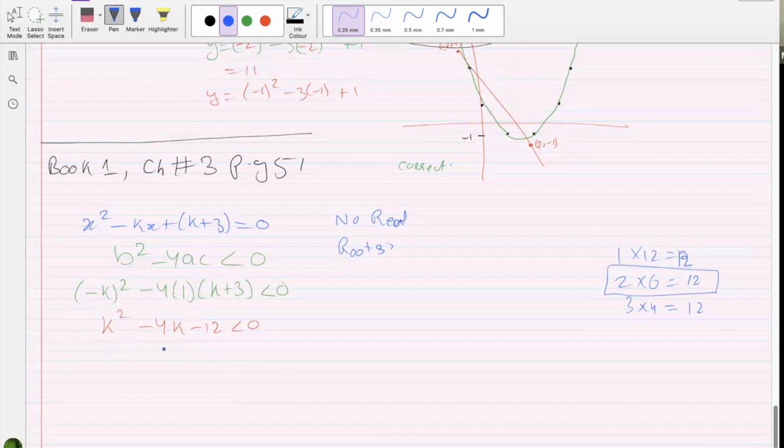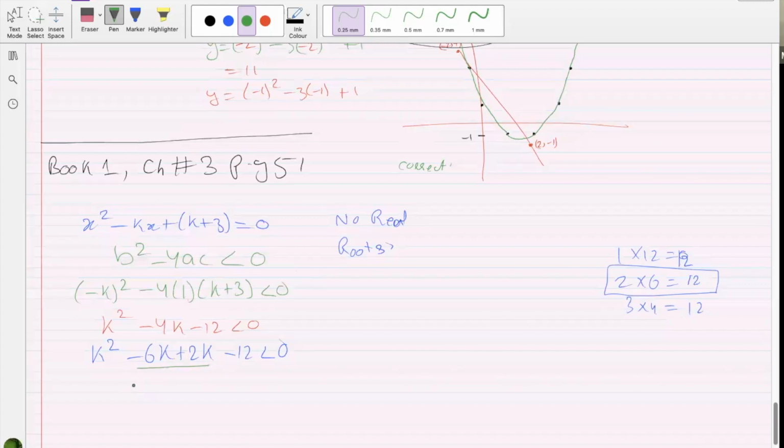Adding or subtracting 6, we can adjust it to 4. k squared minus 6k plus 2k minus 12 is less than 0. Multiplying these two, we get negative 12k squared. Adding these two, we get negative 4. So k, this is k minus 6, plus 2. k minus 6 is less than 0.